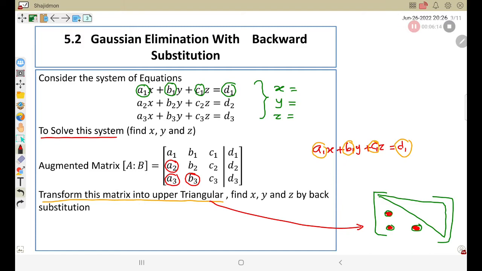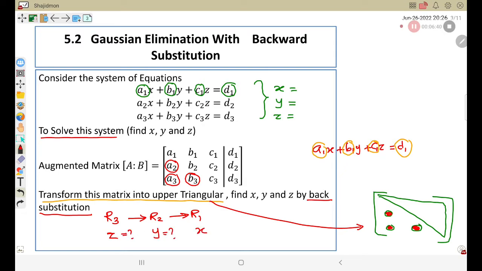Once we transform this matrix into upper triangular form, you can find the x, y and z values by using backward substitution. Back substitution means we go from row 3, row 2, row 1. That is the meaning of backward. First row 3, then row 2, then row 1. From row 3 you get the z value, from row 2 you get the y value, and from row 1 you get the x value.